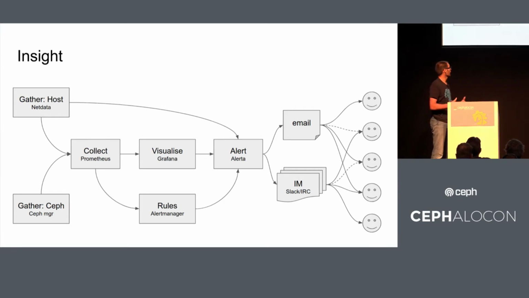We gather all of that into one of our favorites, Prometheus. We visualize with Grafana. We use the alert manager in Prometheus, just enough of it to generate some alerts for us. There's a product called Alerter that gathers everything and gives us a bit of a dashboard.